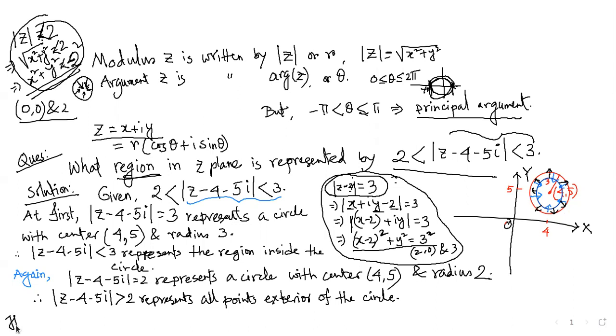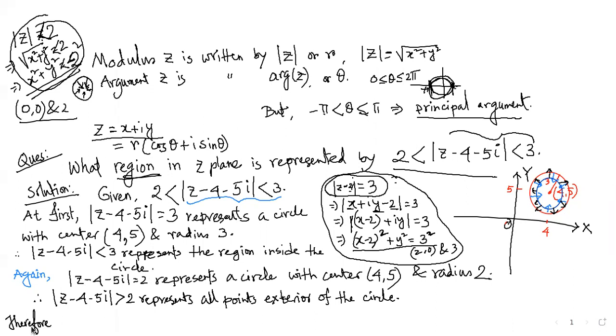Sir, therefore, the points are outside the blue circle and inside the red circle. Exactly, this is called a ring, like as a ring. You know ring, like as a ring, 2 and 3.